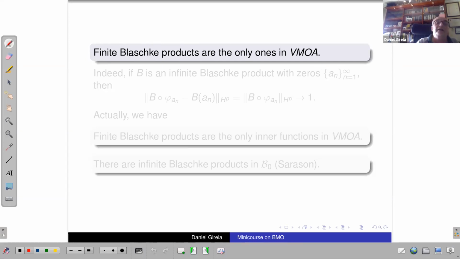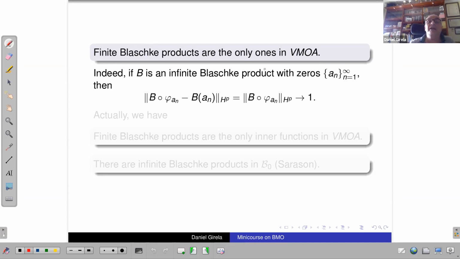Of course, any finite Blaschke product belongs to VMO because it is in the disk algebra. It's continuous in the closed unit disk, but they are the only ones in VMO. Actually, it's true because if we have an infinite Blaschke product with these zeros, then if we take B and compose with the automorphism and subtract, this is 0. So this is simply this.